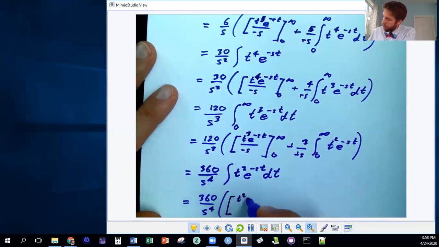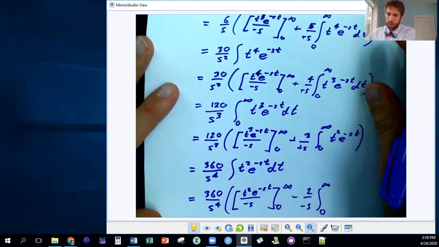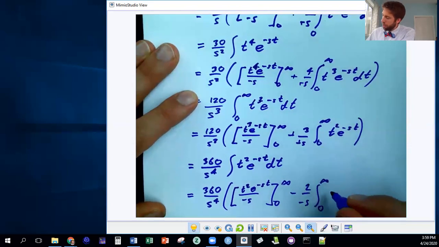Okay, so then integrate that, and you get t squared e to the negative st over negative s, 0 to infinity, minus 2 over negative s, integral 0 to infinity. Can you see this? You can barely see it. Okay. Times t e to the negative st dt.